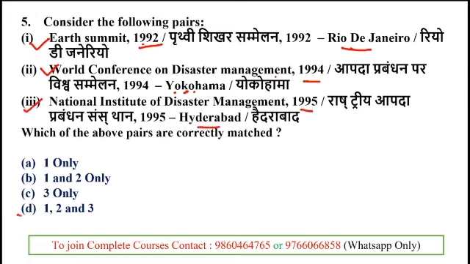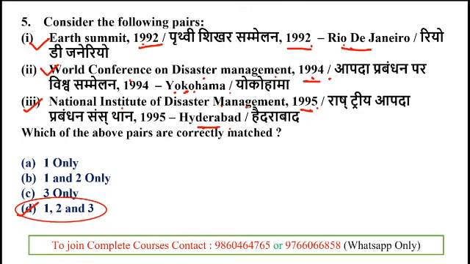So 1, 2 and 3 are all correctly matched. You can remember 1992 as the Earth Summit in Rio de Janeiro, and the World Conference on Disaster Management in 1994 in Yokohama, and then the National Institute of Disaster Management in Hyderabad, 1995. This is an institution related with disaster management.